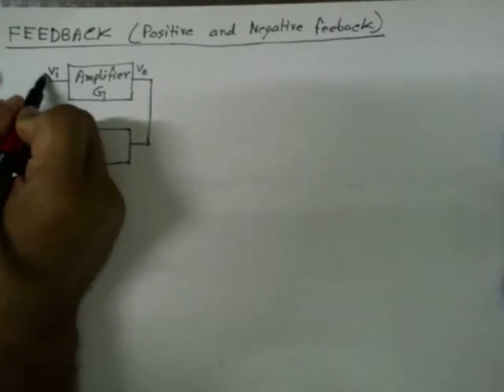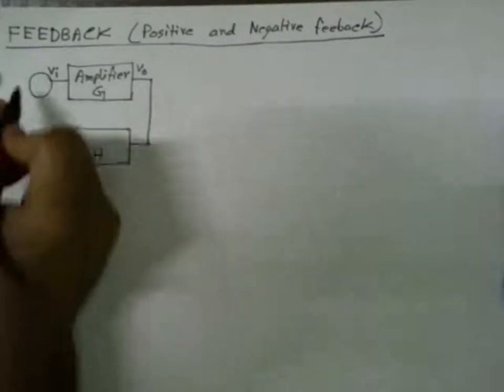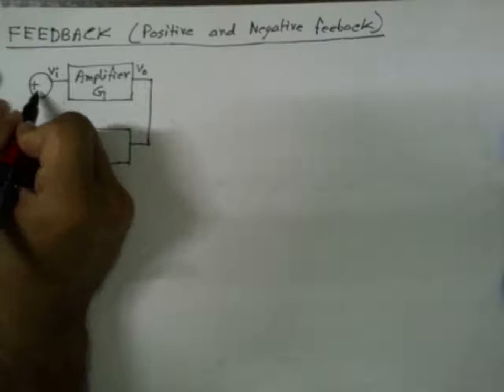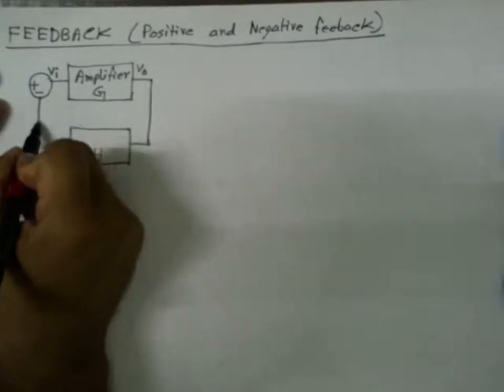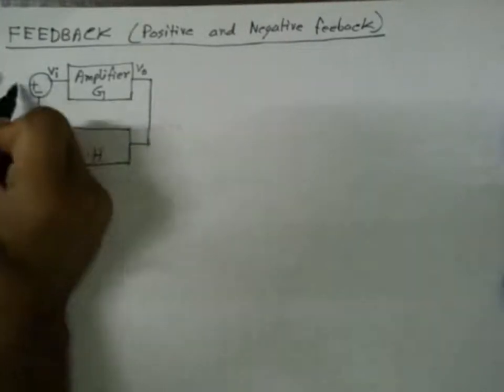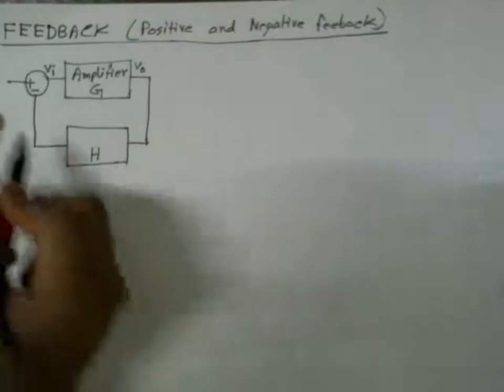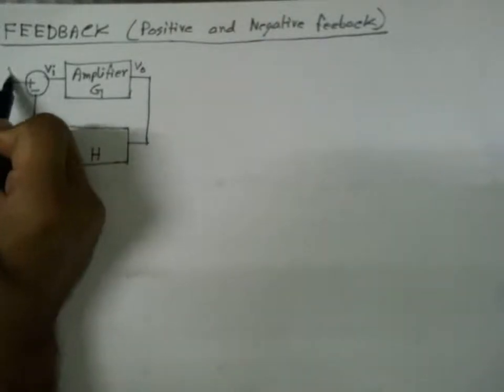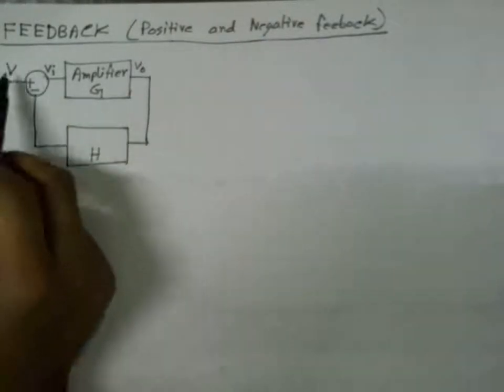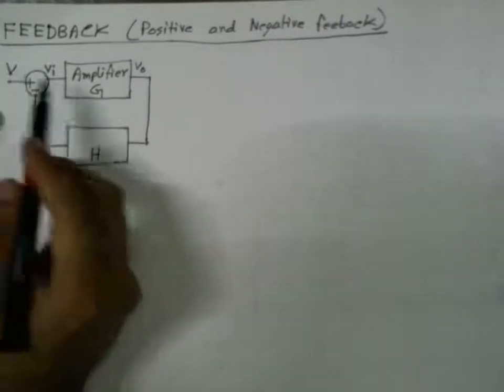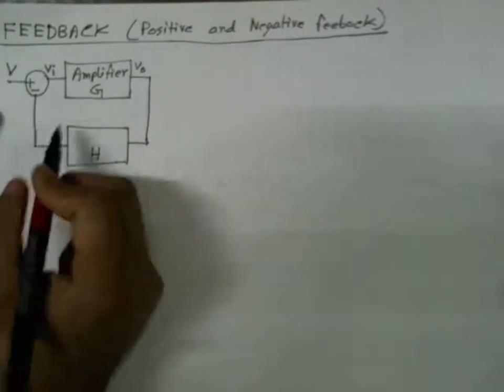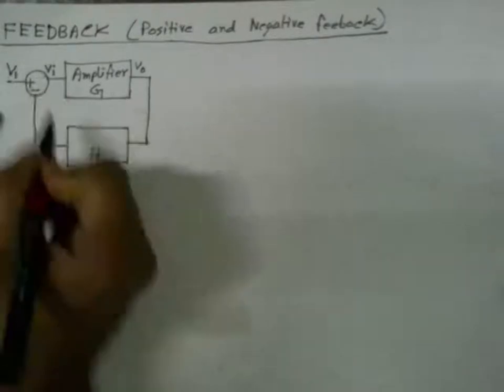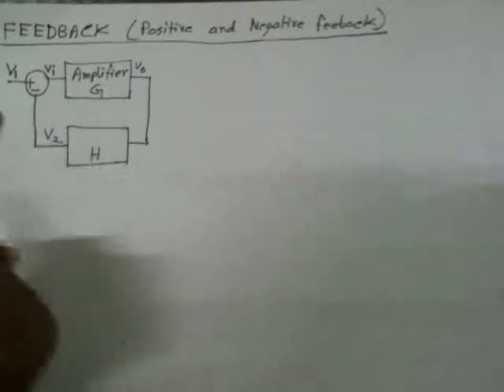And here we'll have what we call a summer like this. So it takes two voltages, let me call this V1, this V2.